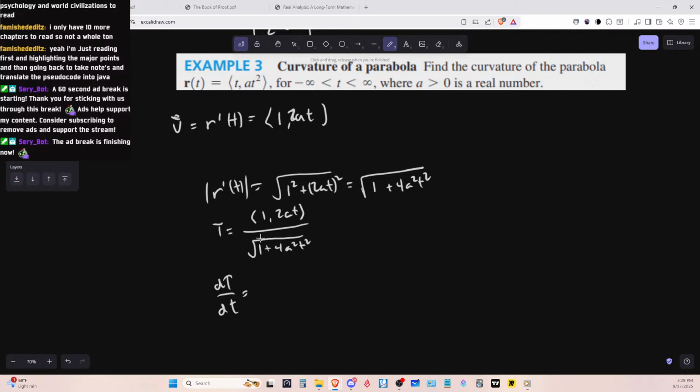Ooh. D of T. Yeah, this one's not going to be pretty because I just saw what we have to deal with. Maybe it would be easier if we did it the other way.